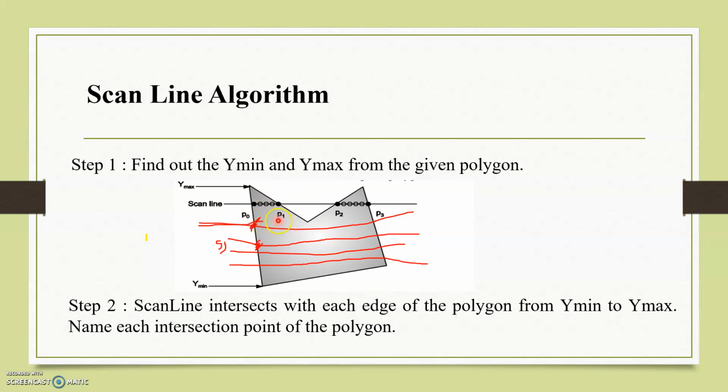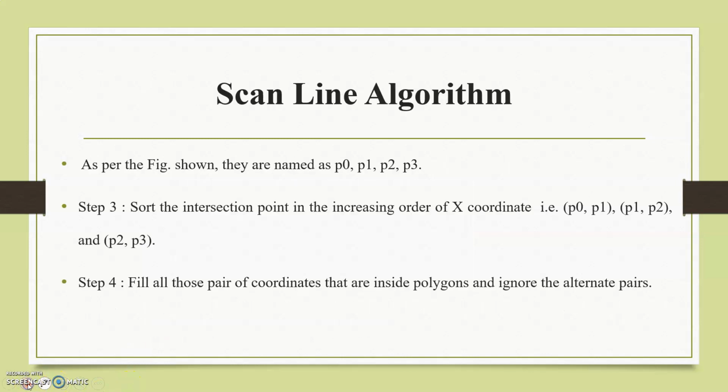We made P0, P1. You fill the pixels between P0 and P1, and next fill the pixels between P2 and P3, and the alternate ones you leave. You don't need to fill this particular portion because it is not inside your polygon.